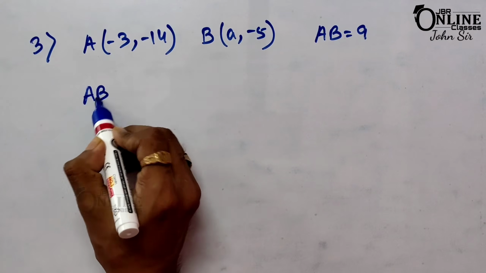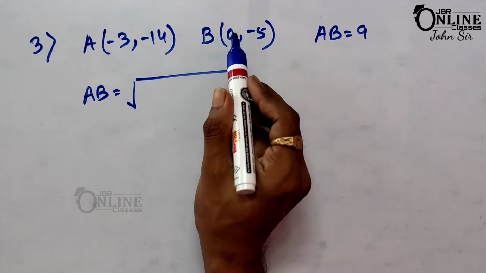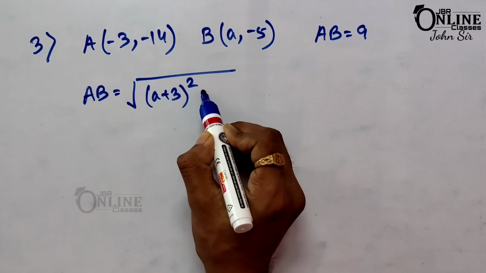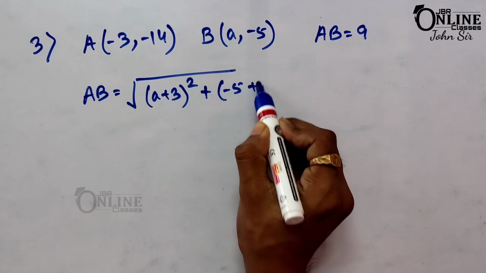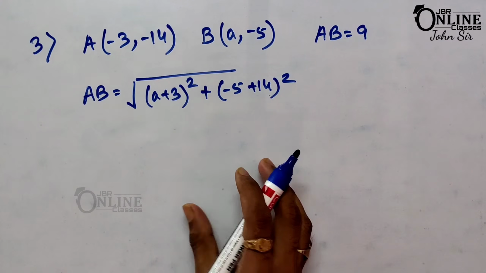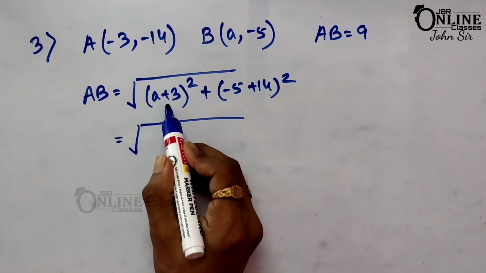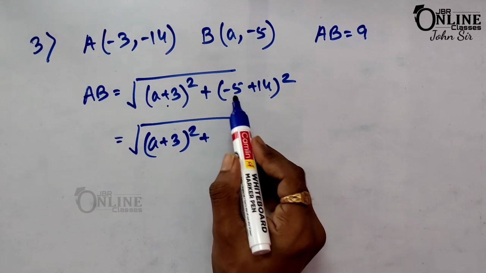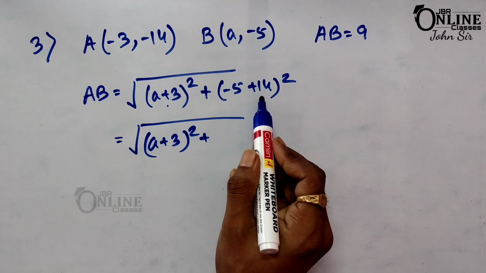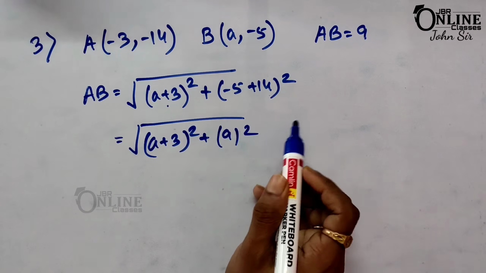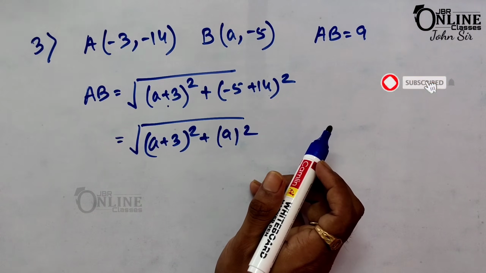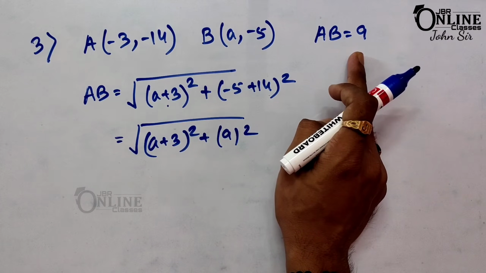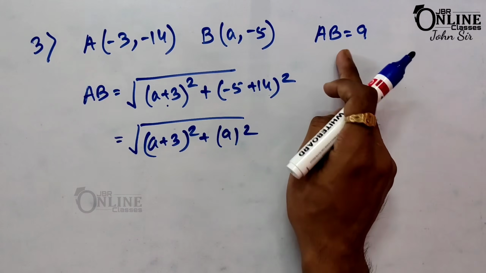So first you have to find the value of AB, that is a minus minus 3, so it will be a plus 3 whole square, and the second one minus 5 plus 14 whole square. So now it's (a plus 3) whole square, and the second one is minus 5 plus 14, that equals 9, so 9 whole square. Now according to the problem, this one is equal to this one.